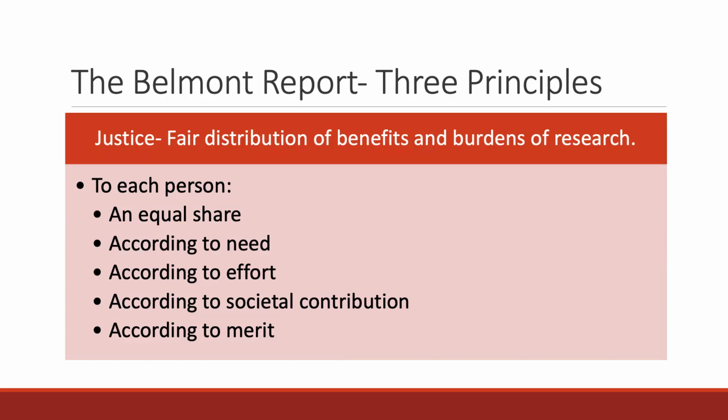Beneficence requires researchers to maximize possible benefits and minimize potential harms. And justice ensures fairness in distributing the burdens and benefits of research. We have talked about these earlier during the semester, and we had several examples of these.